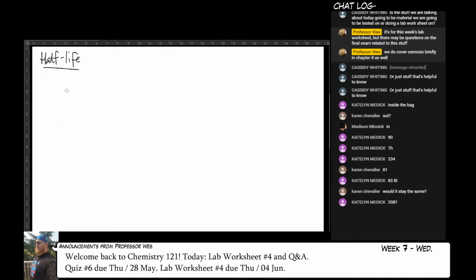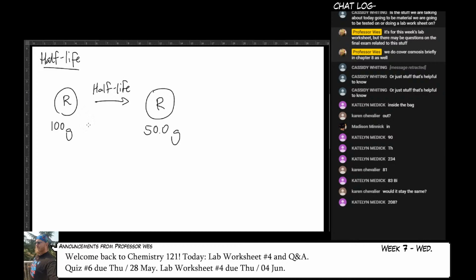So, for example, let's suppose that I have some radioactive substance, and we'll just put R on it. If I have 100 grams of that substance and I wait a half-life, after that period, half of it will have irradiated. And it will irradiate by whatever mechanism it does, alpha, beta, or gamma.